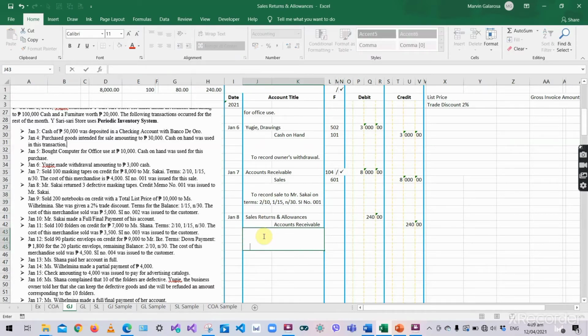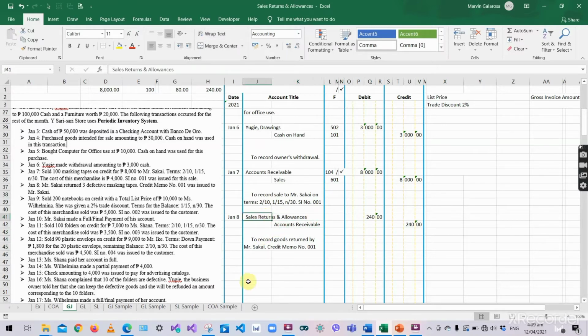Description, to record goods returned by Mr. Sakay. Credit memo number 001.